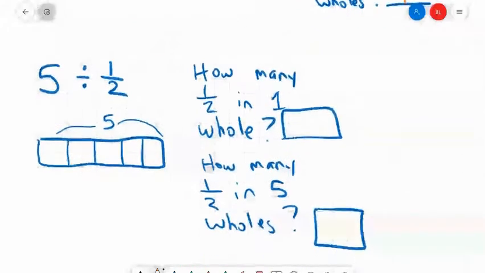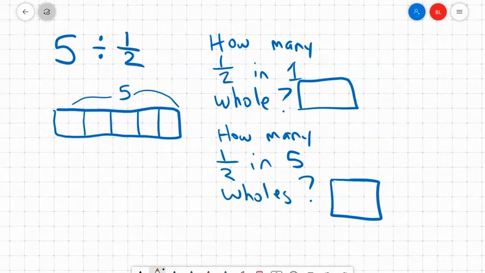So let's look at 5 divided by a half. Again, I'm asking how many halves are there in 1 whole? In 1 whole, there are 2 halves. On this tape diagram, here's my 5 wholes: 1, 2, 3, 4, 5.